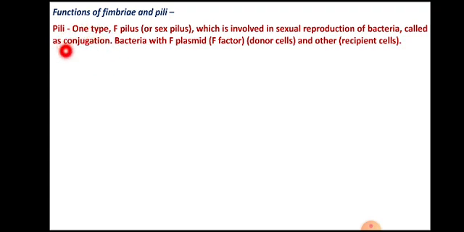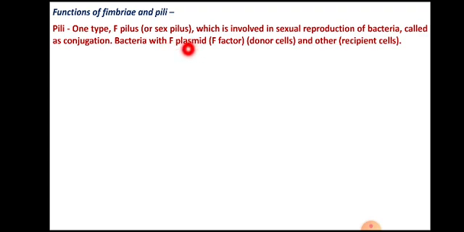So conjugation process is the sexual reproduction in bacteria in which the genetic material is transferred from one bacterial cell to another bacterial cell, and the genetic material which is transferred is called F plasmid or F factor, fertility factor.